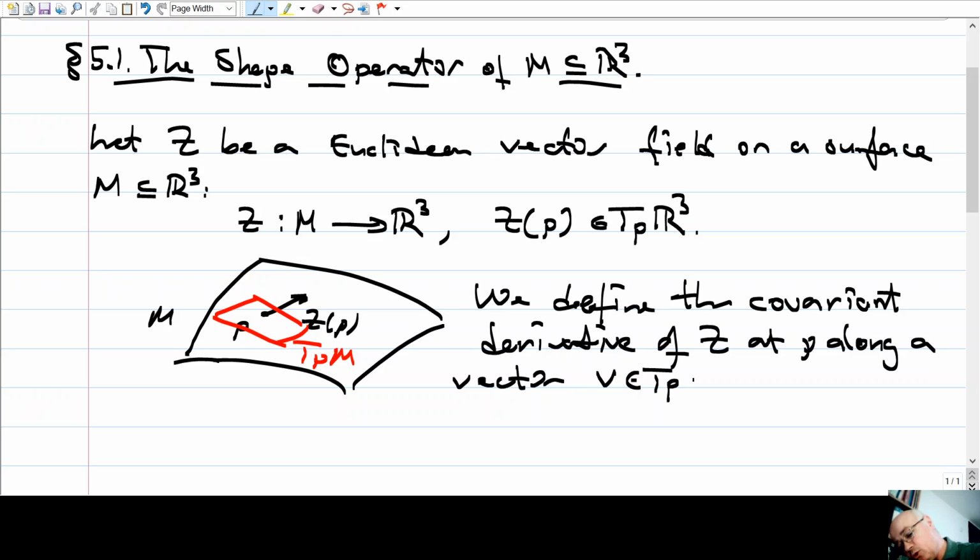This belongs to the tangent space. Okay, so this vector v belongs to the tangent space. Okay, so it's a vector like this.